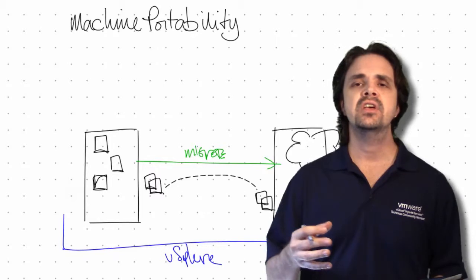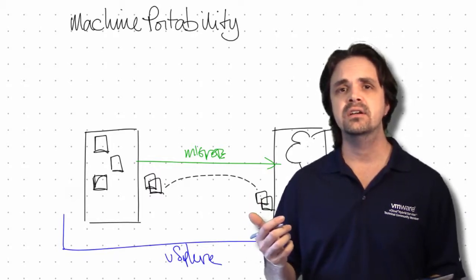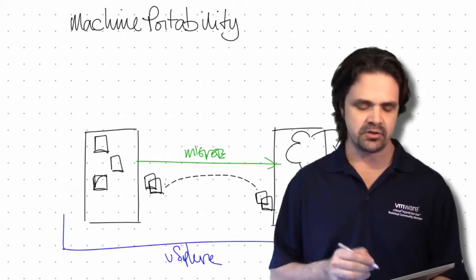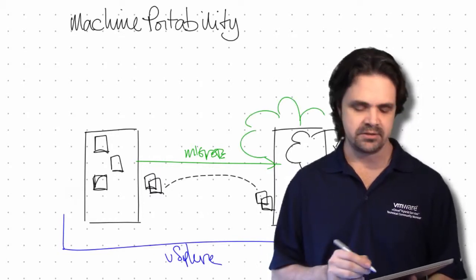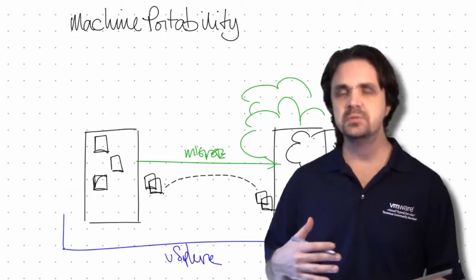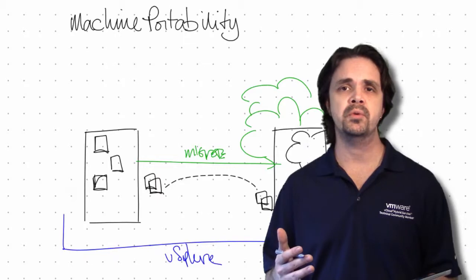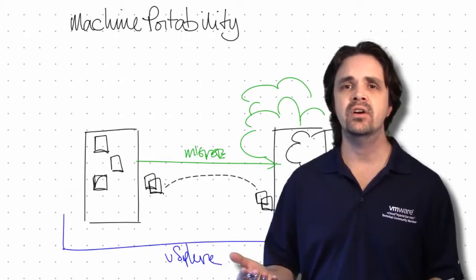This also means that we could move that workload not only into vCloud Air, but using vCloud Connector could move that workload into other clouds as well. So now that workload is becoming significantly more portable. And once it's out in the cloud, doesn't mean that that's where it has to stay.